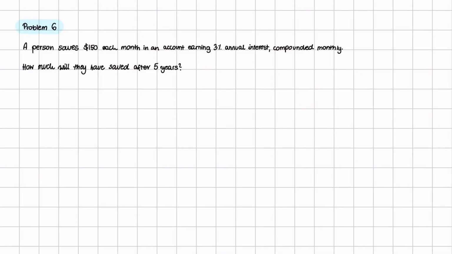Problem 6. A person saves $150 each month in an account earning 3% annual interest compounded monthly. How much will they have saved after 5 years?